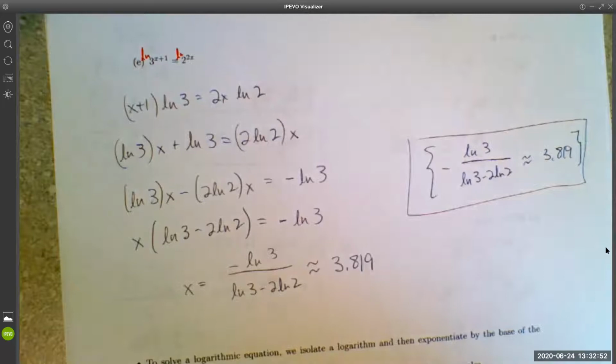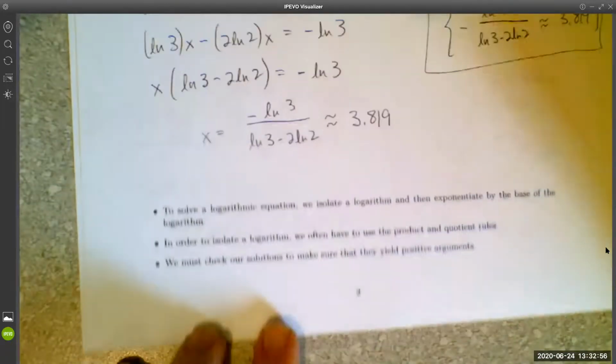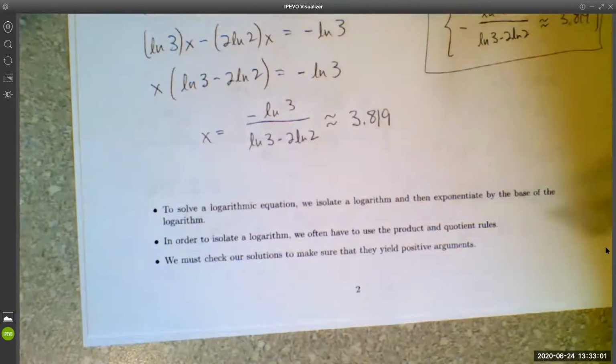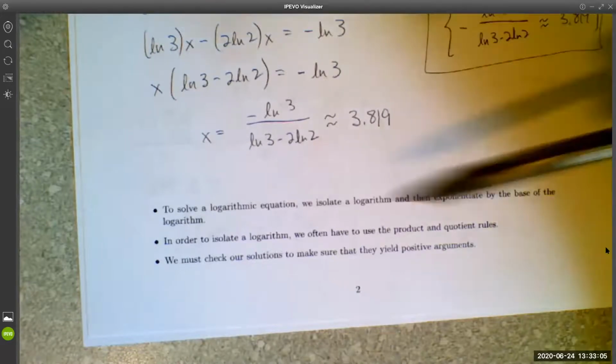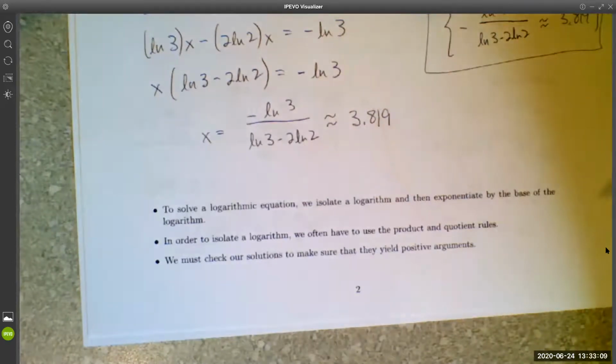Let's talk about solving logarithmic equations. So it's very similar, a very similar process, right? To solve a logarithmic equation, we isolate the logarithm, and then we exponentiate by the base of the logarithm. In order to isolate our logarithm, sometimes we have to use a product or a quotient rule.